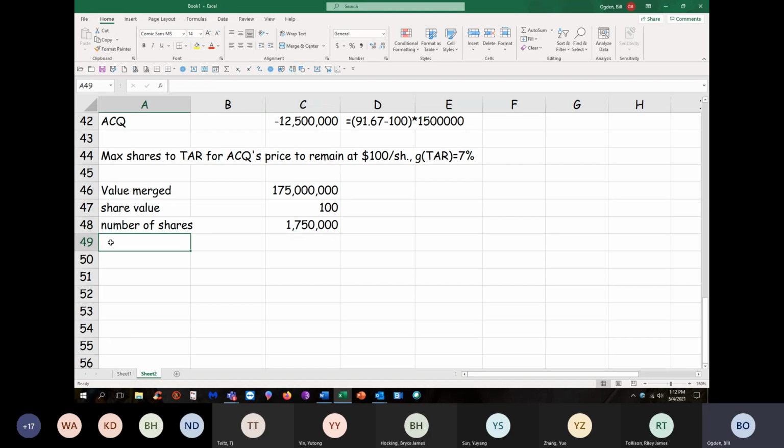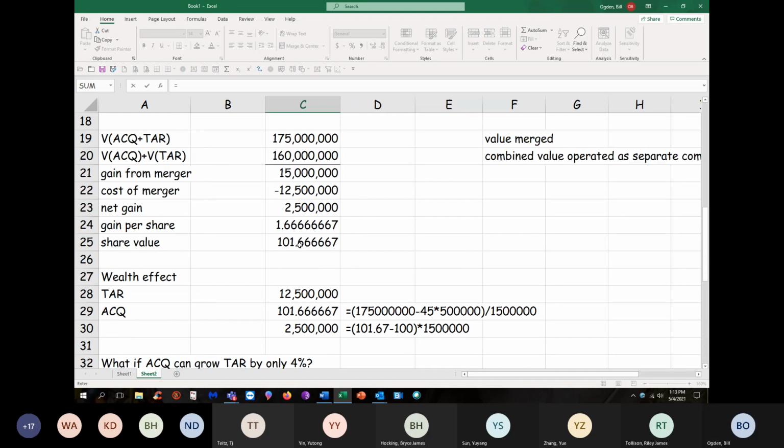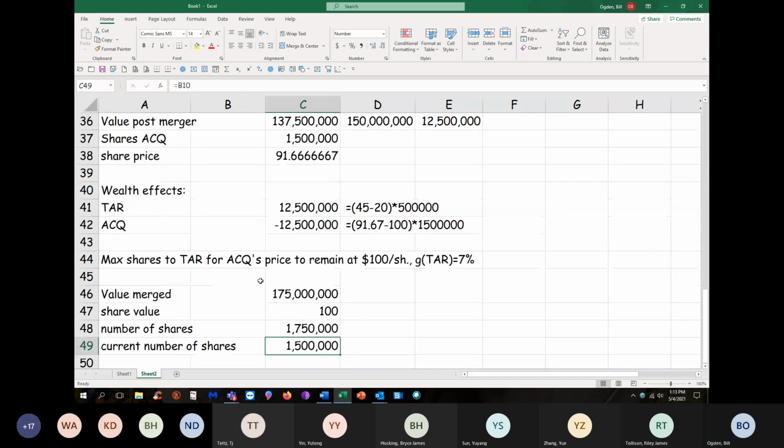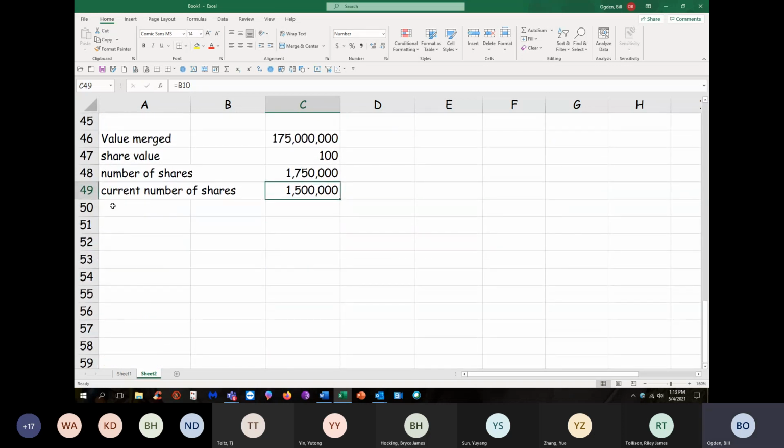So what's our current number of shares? Well, that's given. We know that they have 1.5 million shares. So what can they offer to?